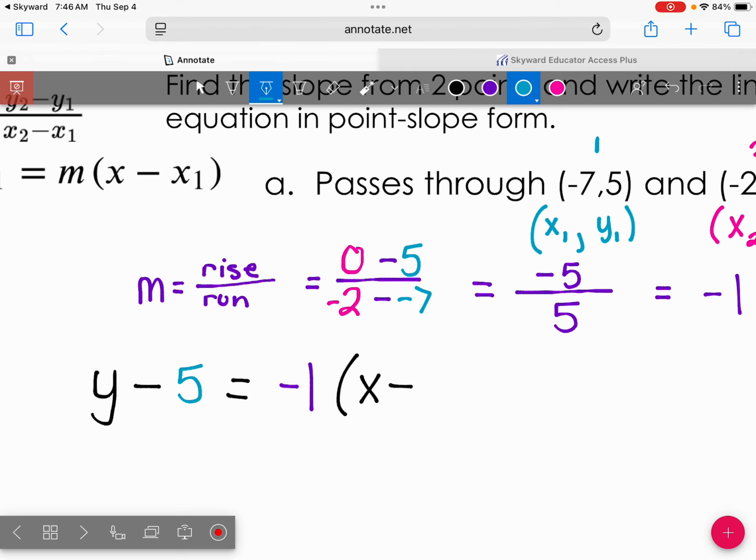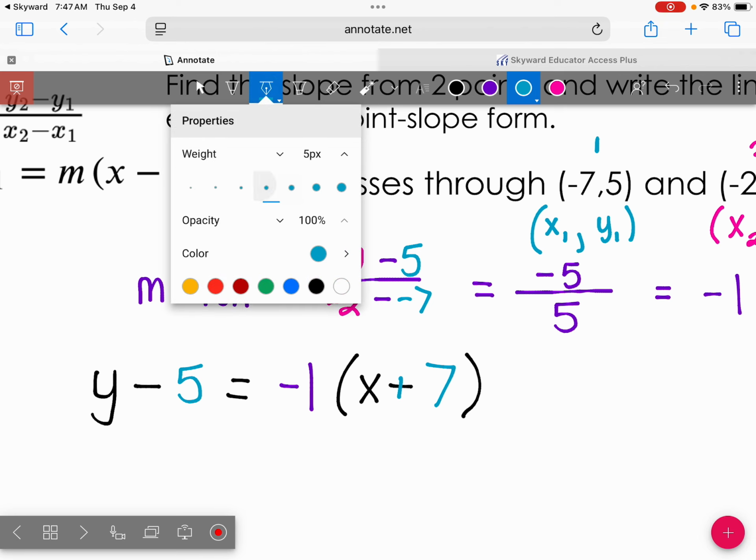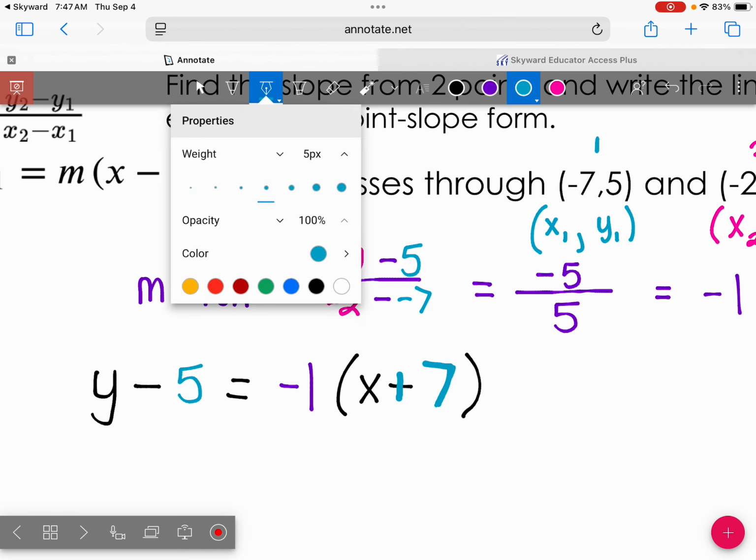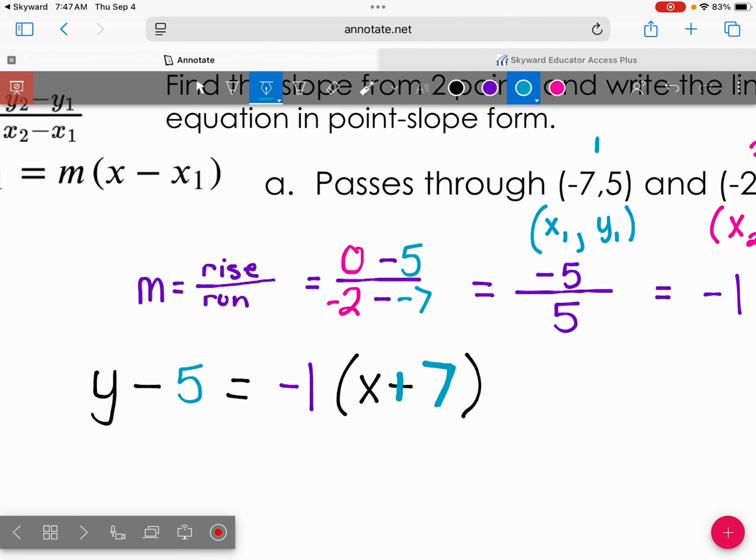Minus a negative becomes plus 7. I did it with blended colors there so we can see what's happening. This is a plus 7. So you can do the simplification with the signs without needing to do the whole line twice, or you can write it straight out and then simplify.